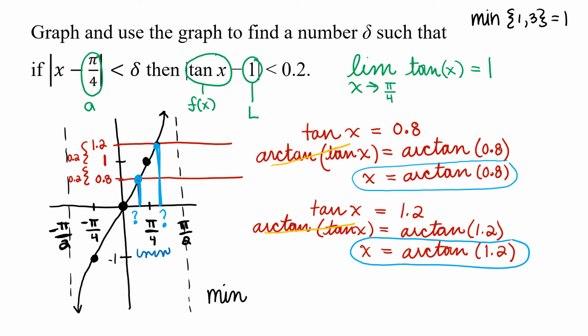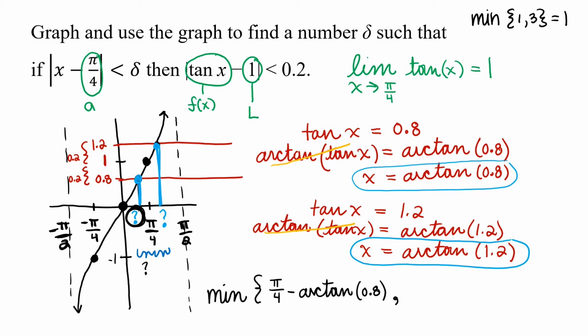So we want the minimum distance. So we have the minimum of pi over 4 minus arctangent of 0.8. And that was this left bound, the distance here, which I guess is another question mark.